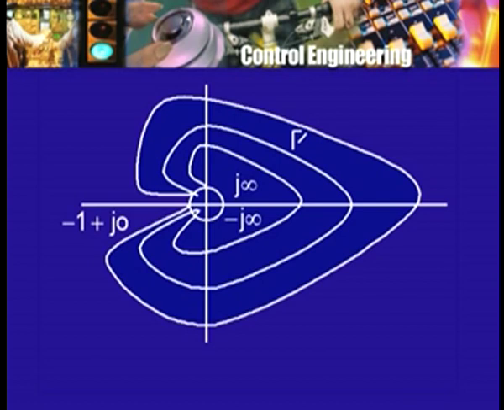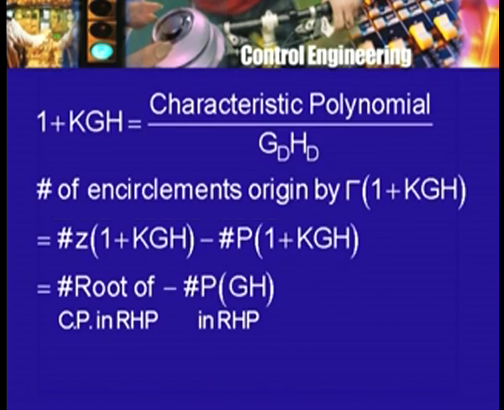That enables us to determine the number of zeros of 1 plus GH in the right half plane, because according to that, the number of encirclements is equal to the number of zeros of 1 plus kGH minus the number of poles of 1 plus kGH.